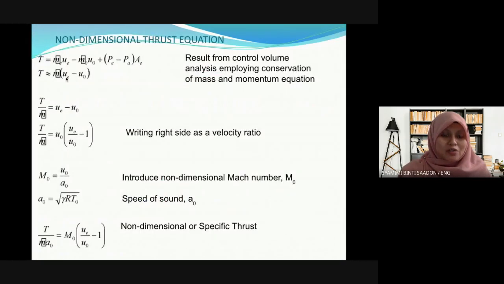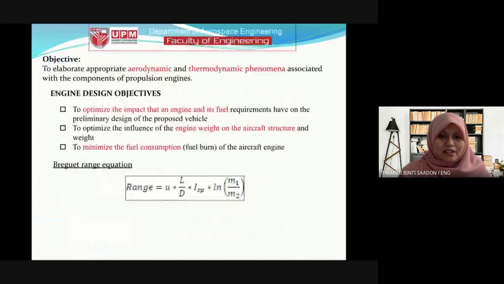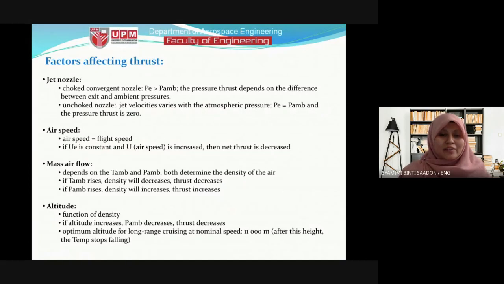You can see this by looking at the simplified thrust equation.